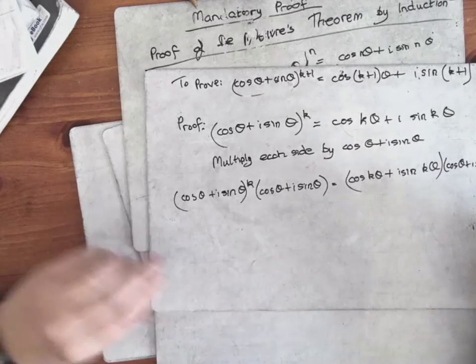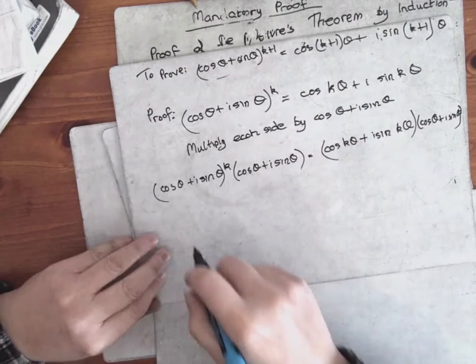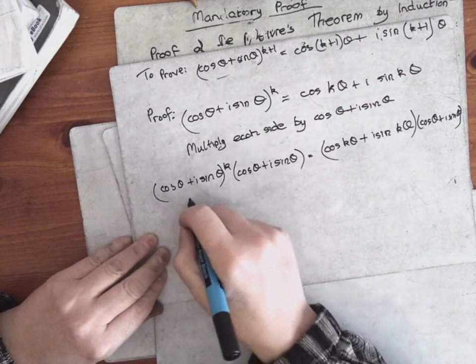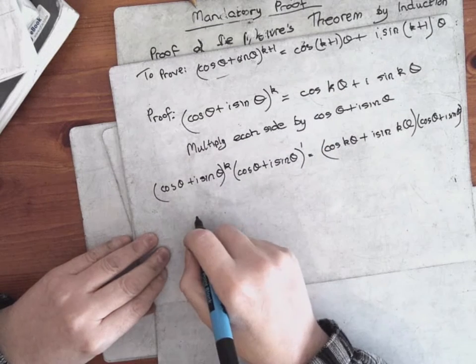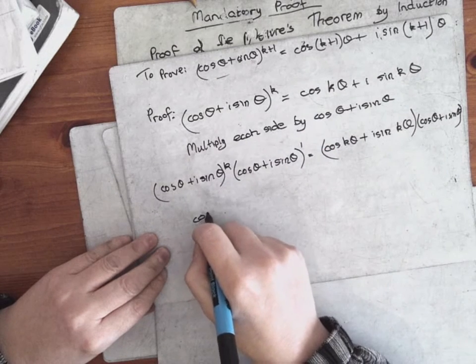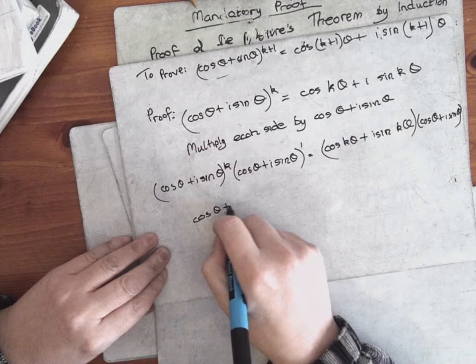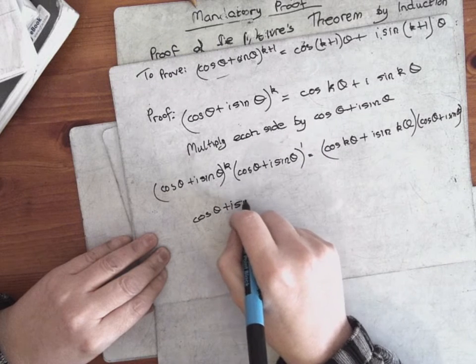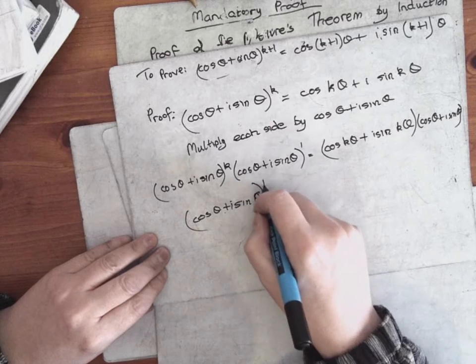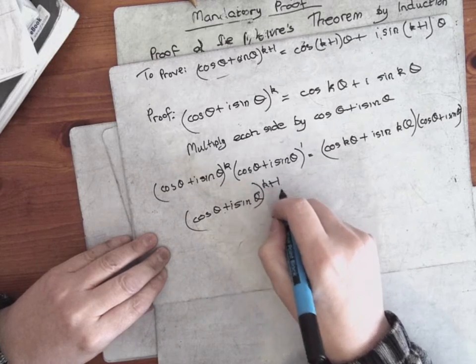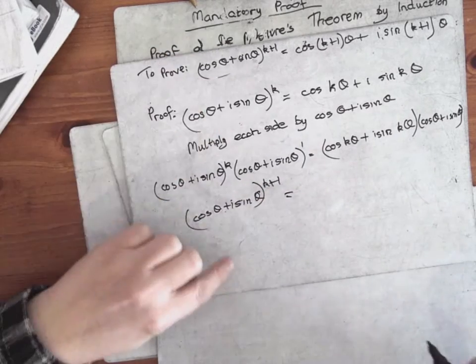Sorry, it's small and squashed, but it's there. At this side I end up with cos theta plus i sine theta to the power of k, and this is that to the power of 1, so that's cos theta plus i sine theta all to the power of k plus 1. So now the left side looks like what it should look like.